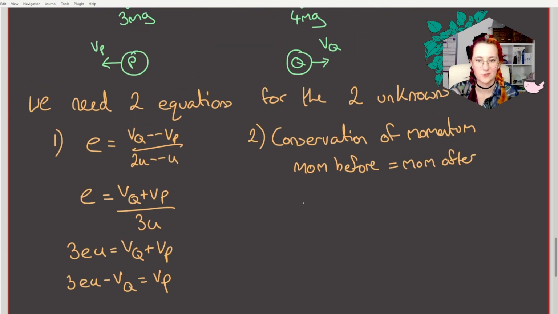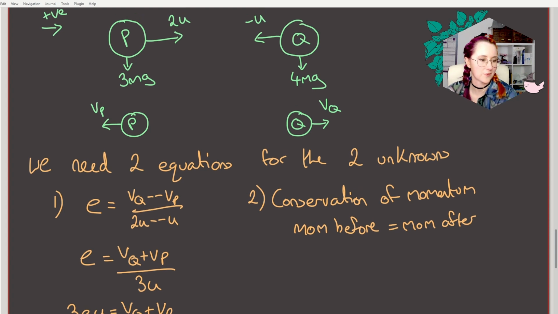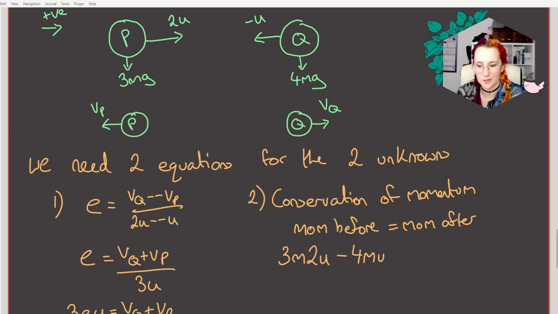So momentum before, and this is why we should have the diagrams up, because that will be actually helpful. The momentum before, we have 3m 2u minus 4mu equals, and then we have the positive VQ, so 4m VQ minus 3m VP.